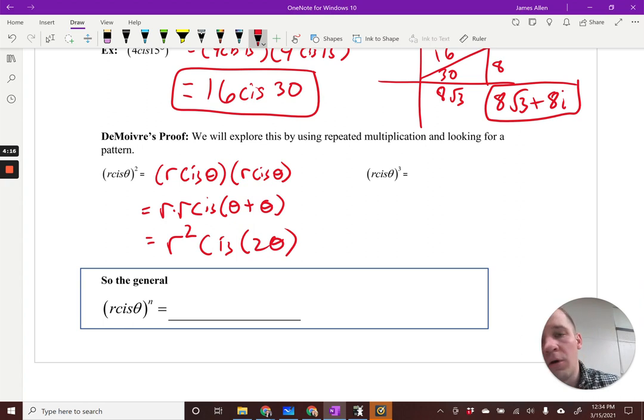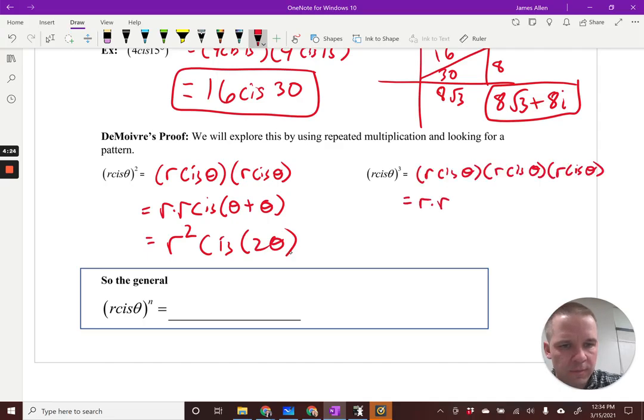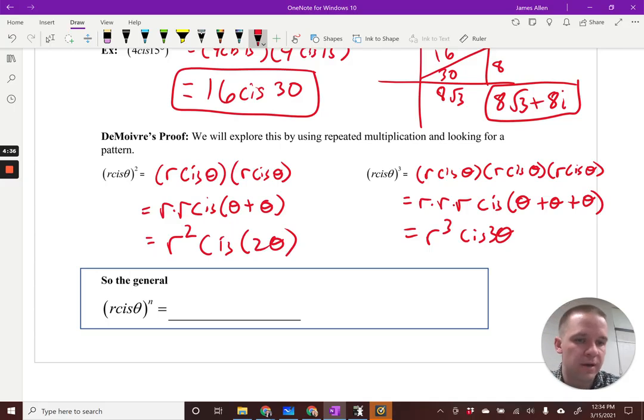So will that happen again with a third power? Let's find out. That's r times r times r, then cis theta plus theta plus theta, from what I know about multiplication. So that's r cubed cis 3 theta. It holds true once again, and that is going to hold true here as well.